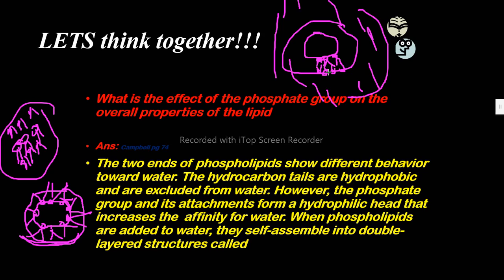So as a result, the heads will arrange themselves outwards and inwards, hence projecting their tails inside, where we do not have water. And as a result, you come up with a plasma membrane.